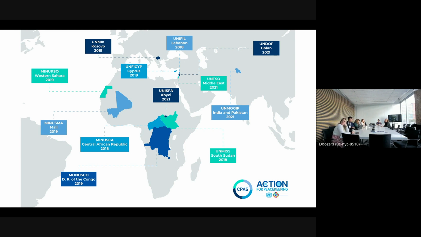We had an incremental rollout that started in the Central African Republic in 2018, and a mission in Abyei was the last one to join in May 2021. And the reason for that stretched out period of rollout was for this very small event called COVID, which sort of interrupted things for a little while in 2020.